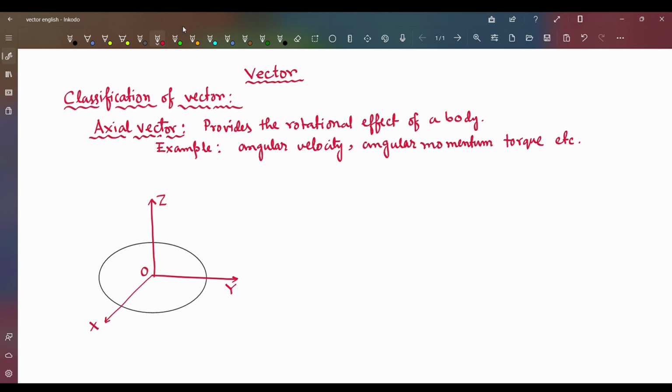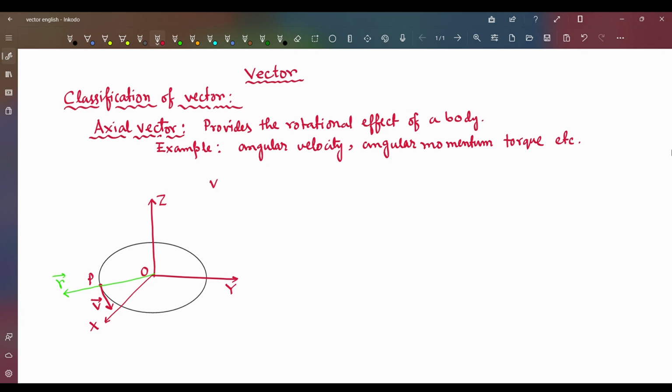We consider a point P on the circumference of the disk. The velocity of point P is tangential and there is a position vector, that is r vector, starting from center to point P. The velocity is vectorically represented here.